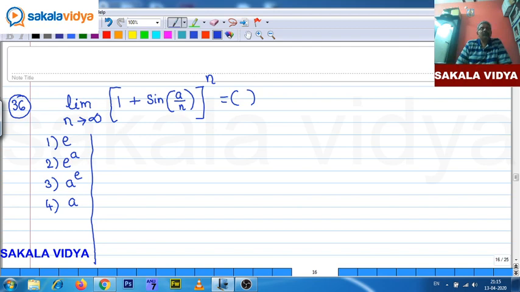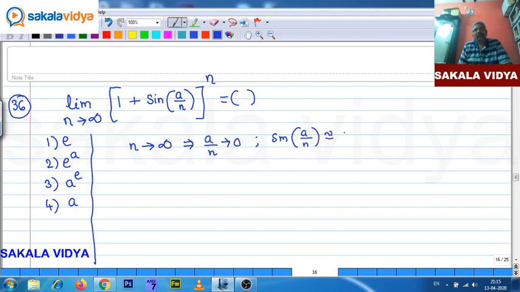Okay. So now as n approaches infinity, this a by n tends to 0. As sin of a by n tends to 0, sin of a by n is approximately equal to a by n.